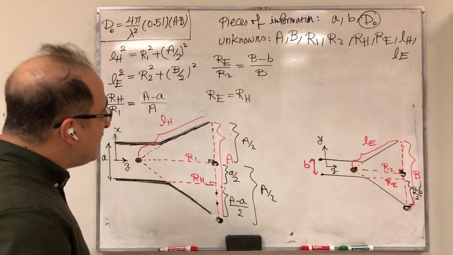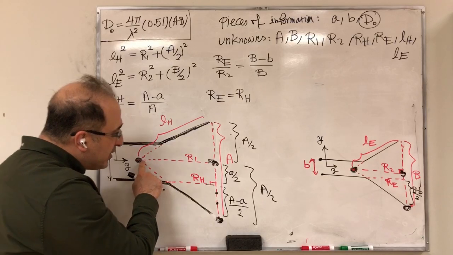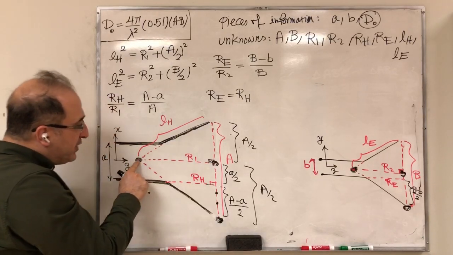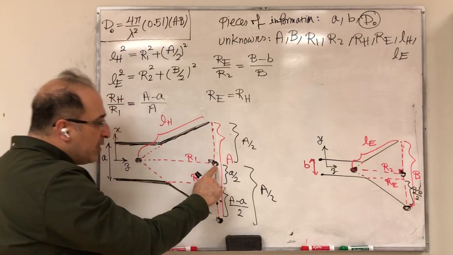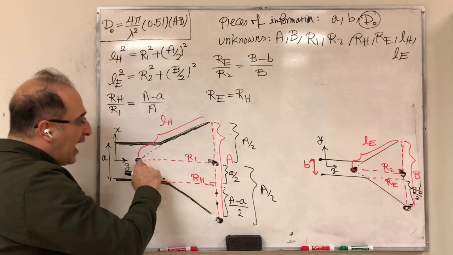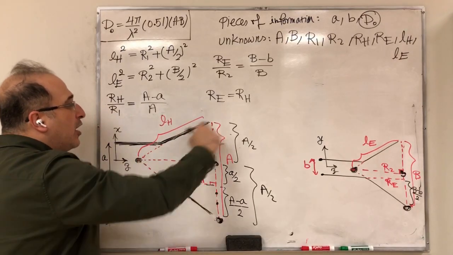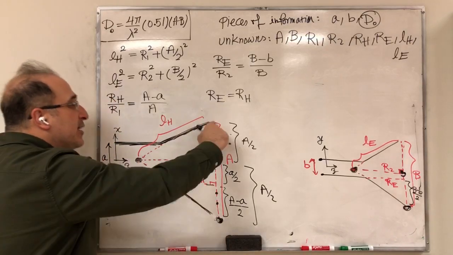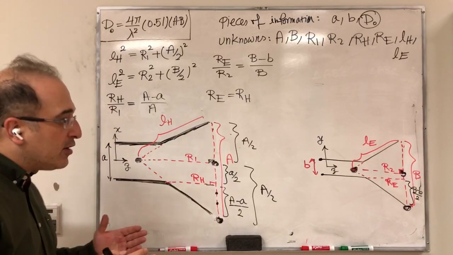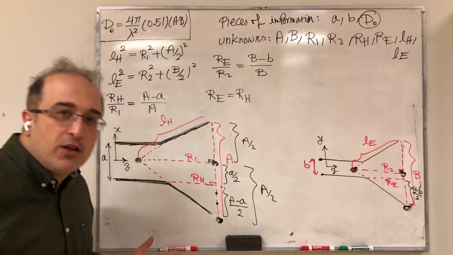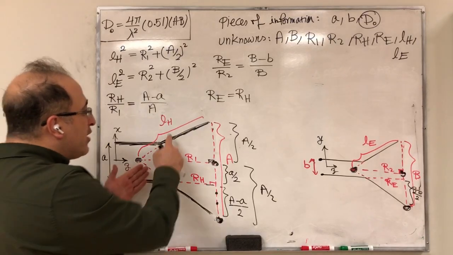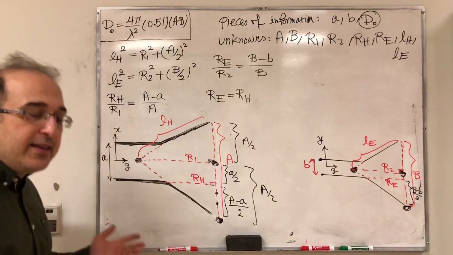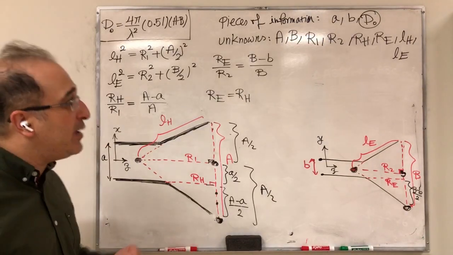So out of phaseness comes from the difference between R1, which from this point is the fastest way to get to the aperture, and LH, which is the longest way to get to that aperture. This is the shortest way, this is the longest way. So if they are too much different, you're going to get lots of out of phaseness. If they are reasonably close, then that's going to be acceptable to us.